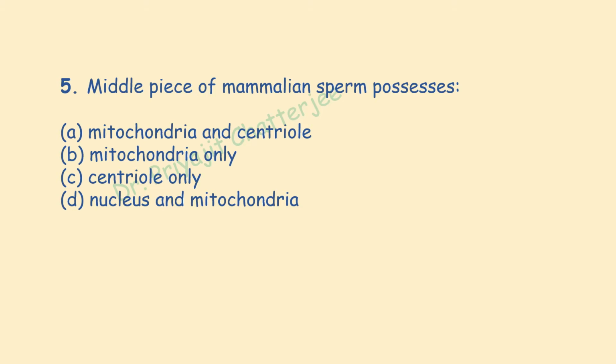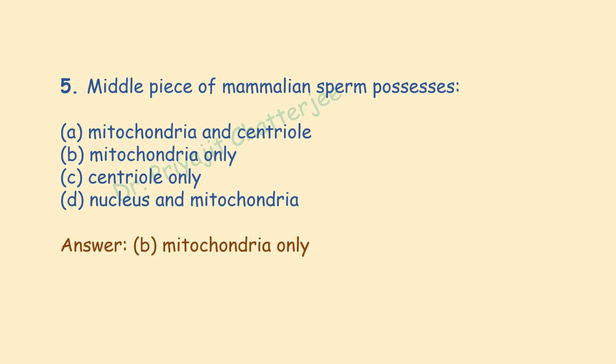Adenosine spiral turns around the axial filament called mitochondrial spiral which provide energy for the sperm movement. Tail region is composed of cytoplasm and axoneme occurs throughout it. So the middle piece of mammalian sperm possesses the mitochondria. So here the correct answer will be mitochondria only, the option B.